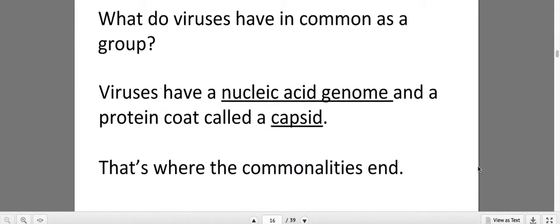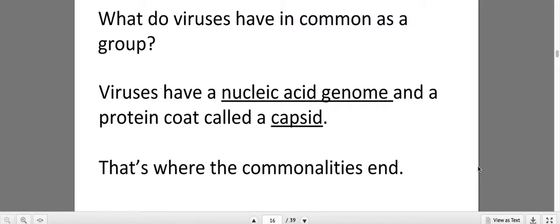So, remember last time we said viruses are so diverse and so different from each other that they almost have nothing in common except for two things. They have the nucleic acid genome, which is like the DNA. There are different types of genetic information, so we have DNA, RNA.